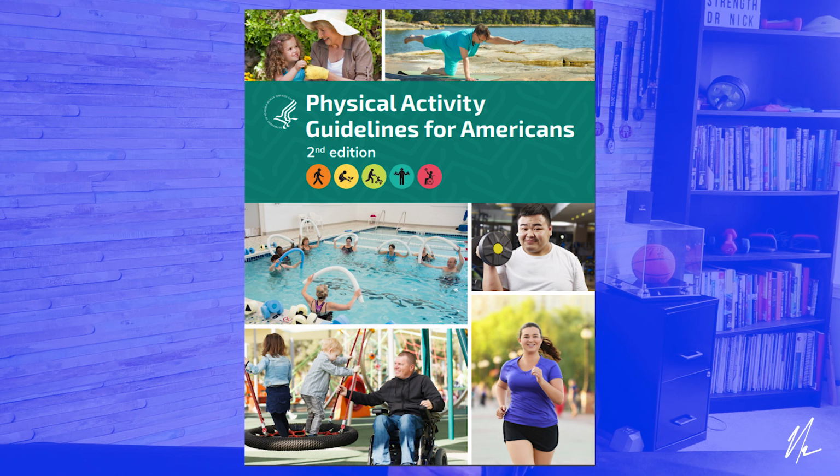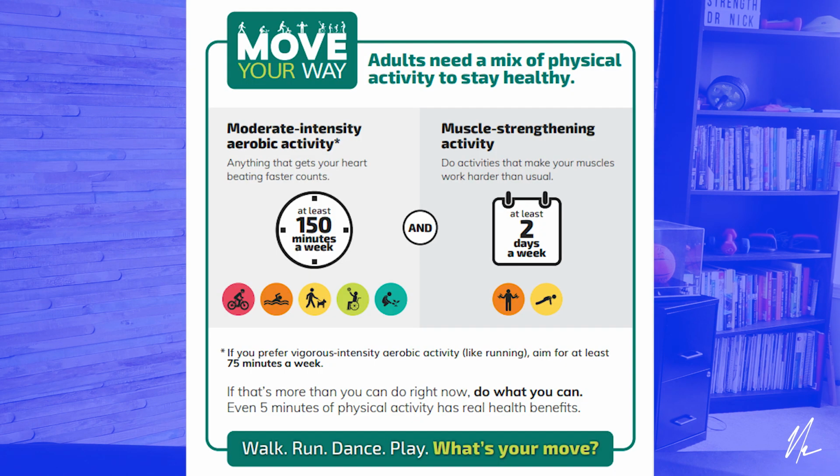I'm going to directly quote the article. For substantial health benefits, adults should do at least 150 minutes, which is 2.5 hours, to 300 minutes, 5 hours a week of moderate intensity, or 75 minutes up to 150 minutes, which is 2.5 hours a week, of vigorous intensity aerobic physical activity, or an equivalent combination of moderate and vigorous intensity aerobic activity.